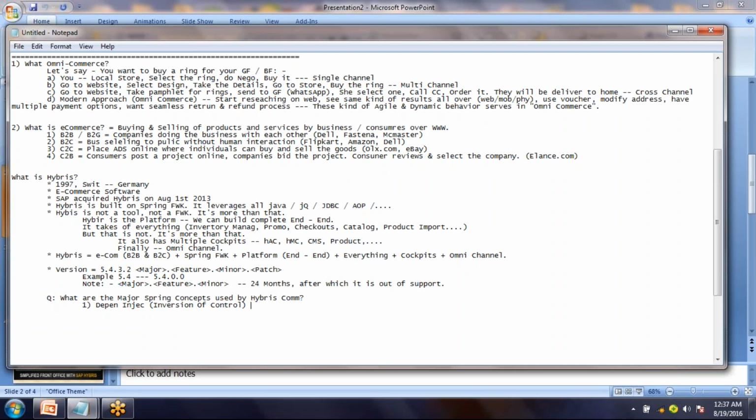The second one is aspect oriented programming, AOP. We already have AOP here. The third one is Spring MVC architecture. The fourth one is Spring security.